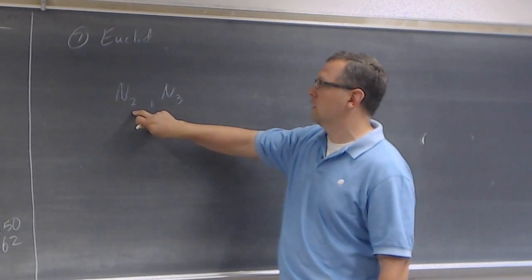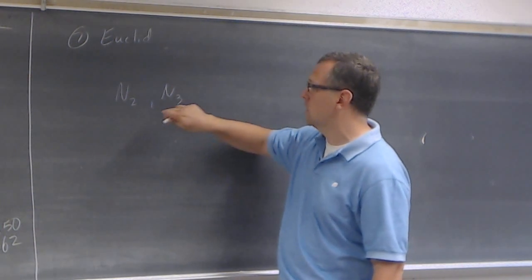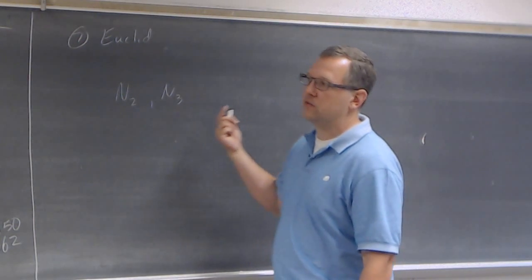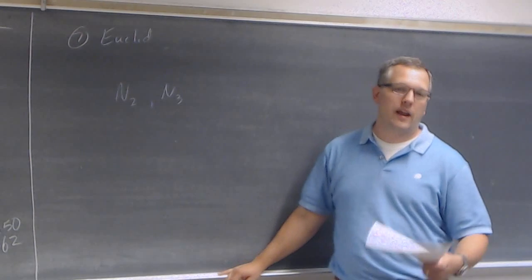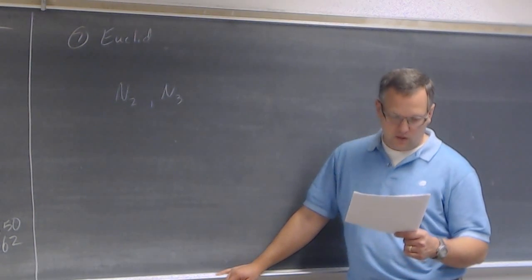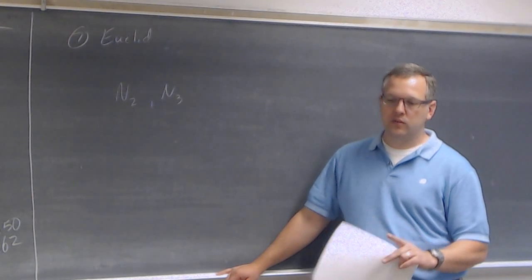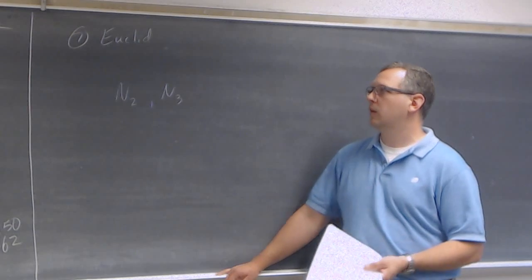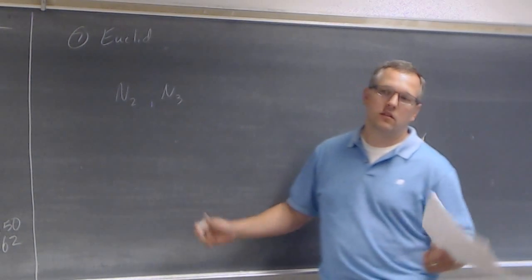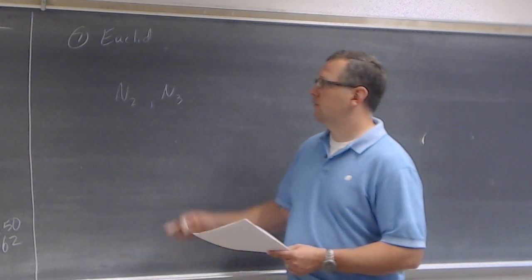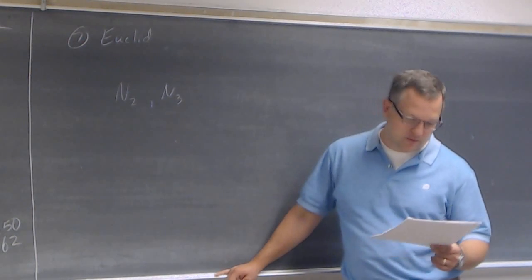We built n2, which had at least 2 distinct prime factors, and n3, which has at least 3 distinct prime factors. You can continue that process forever, so there must be an infinite number of primes. And then we proved 2 special cases of primes in arithmetic progression. They're basically like Euclid's proof, showing that there's an infinite number of primes of certain types.